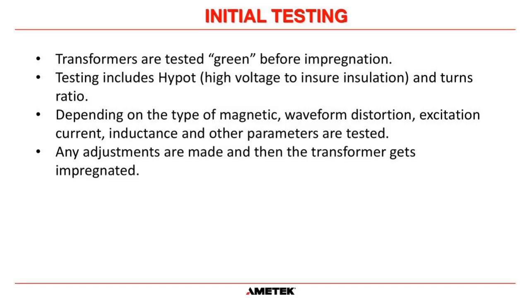Depending on the type of transformer it is, whether it's an inductor, a ferro transformer, or a battery charger transformer, we may check waveform distortion, excitation current, meaning how much current it takes just to make the transformer operate, inductance, and there's another variety of other parameters that we may end up testing depending on the requirements of the transformer.